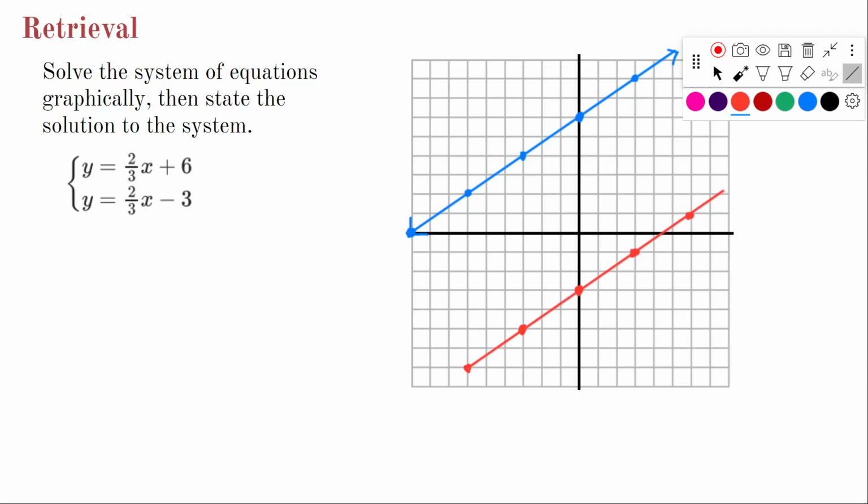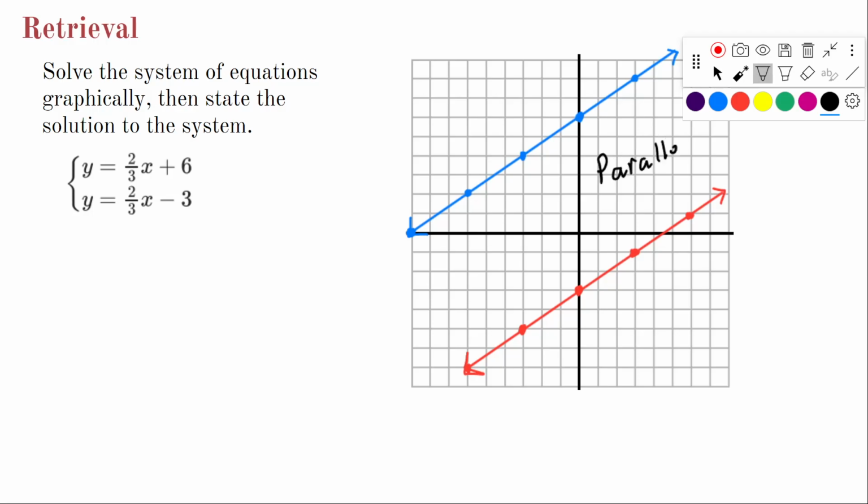Now, if you remember, when we graph systems of equations, we want to look for a point where the two lines intersect. But in this case, both lines have the same slope. Because they have the same slope, these lines are considered to be parallel.